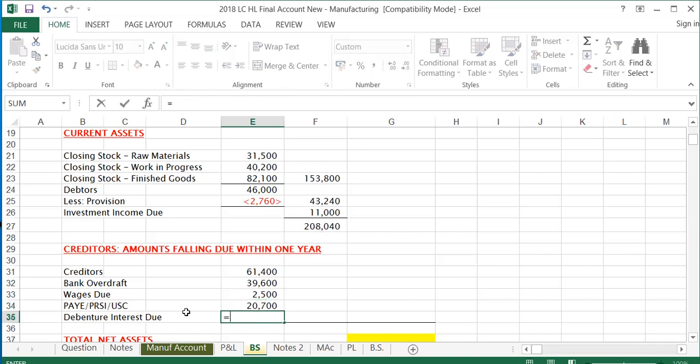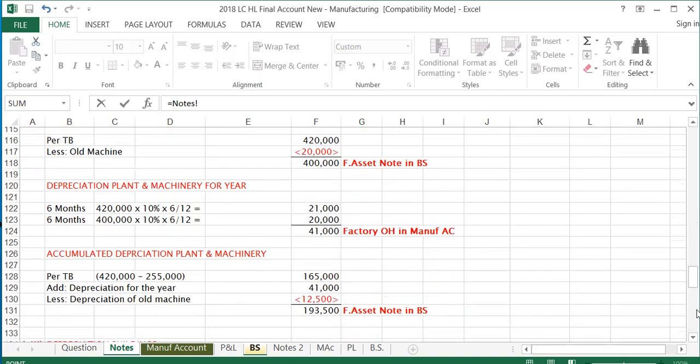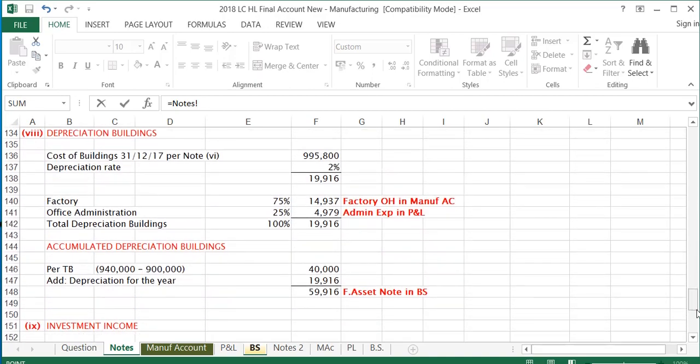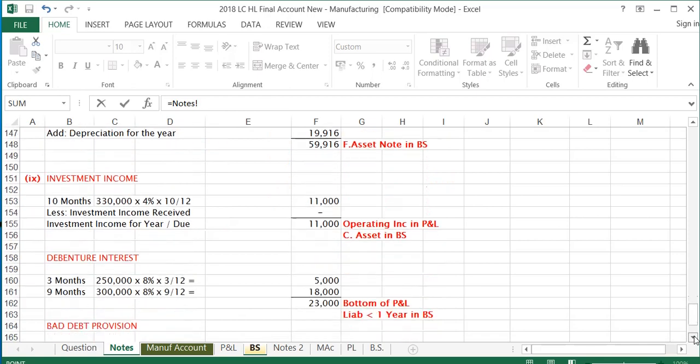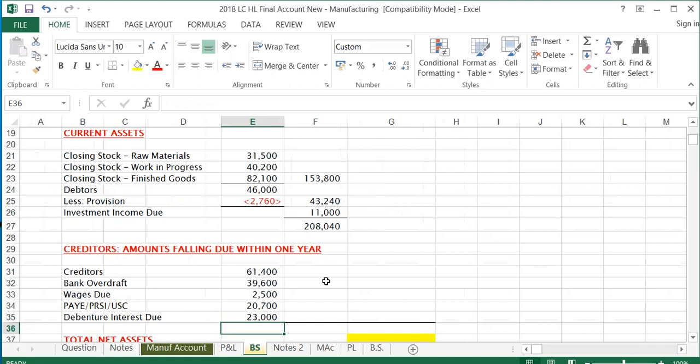And the debenture interest due, I worked out in the last note. Debenture interest due is 23,000 because none of that has been paid, so it's all still due, 23,000.